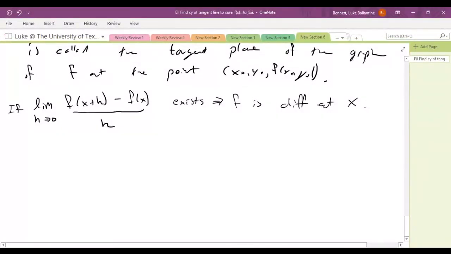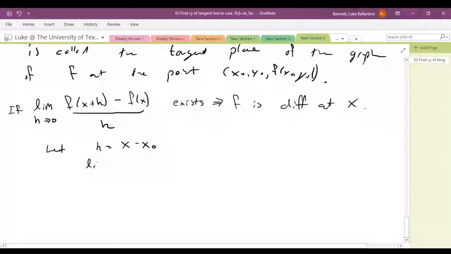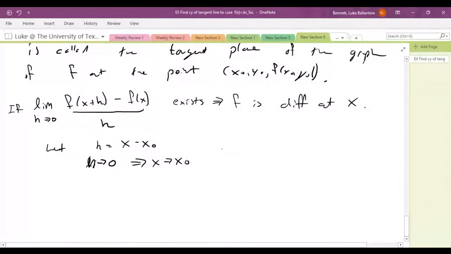Okay. I'm going to give you some equivalent statements now. So if we let h equal x minus x naught, then if h approaches 0, that means x approaches x naught.